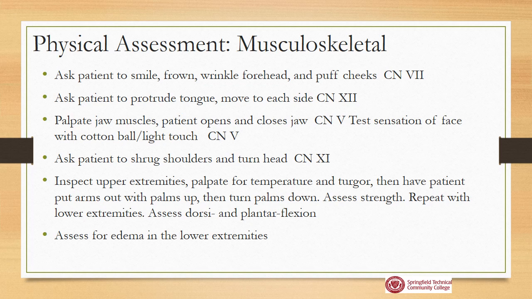So I always check my pulses, and at the same time, while I'm down around my patient's foot, I'm going to ask them to press into my hands like they're stepping on the brake and the gas at the same time, and then pull up with their toes towards their head. So that way I can assess dorsiflexion and plantar flexion. And I'm also going to assess for edema at the same time.